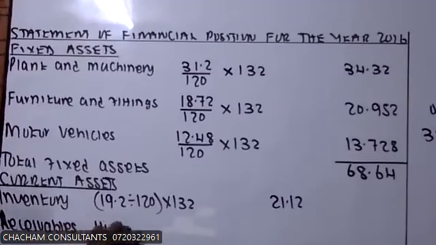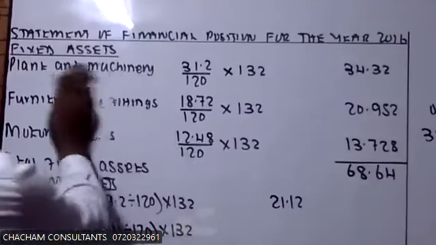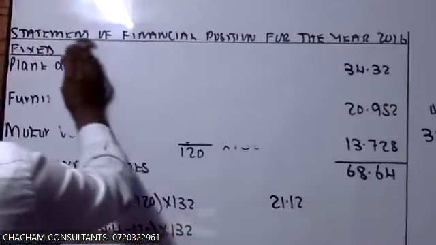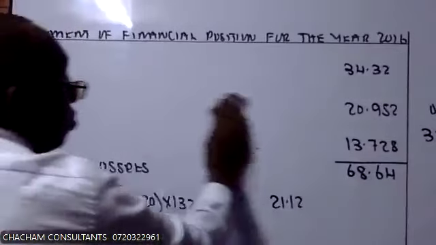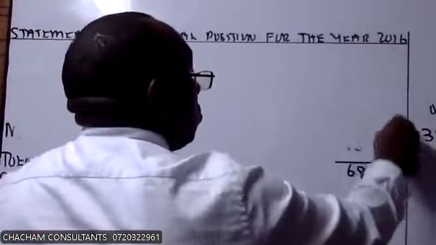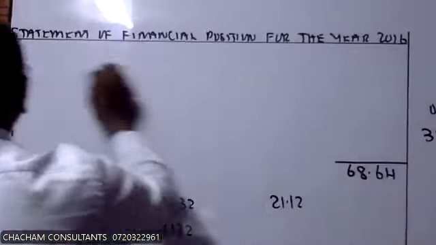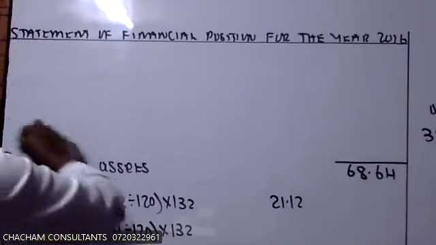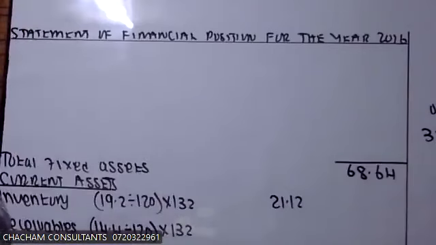So 14.4, you divide by 120, you multiply by 132. That's 15.84.